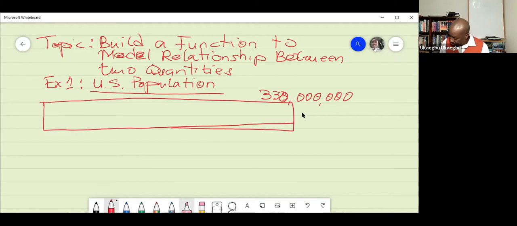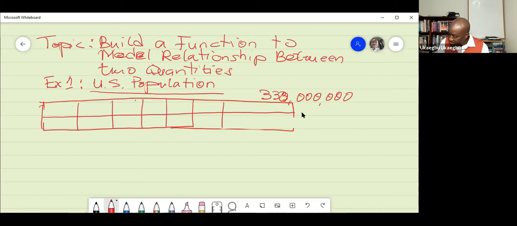Right here we are going to draw, with me please. We are just going to write the year and then the population in millions. So we are starting with year and then population.